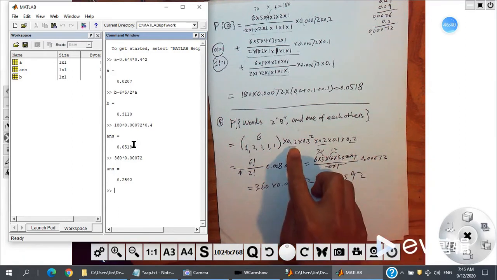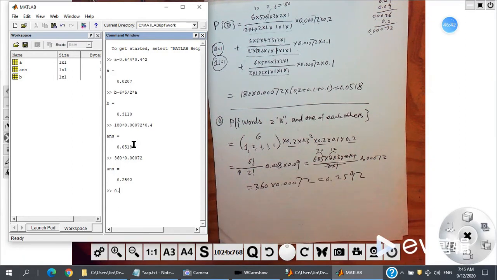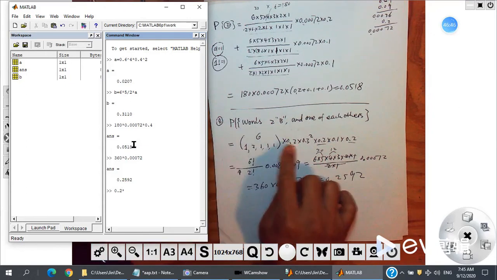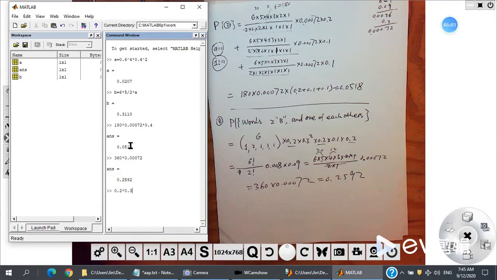Let me see. Let's try this. 0.2 times 0.3 squared. Okay, just like this. 0.3 squared and times 0.2 times 0.2 times 0.1.